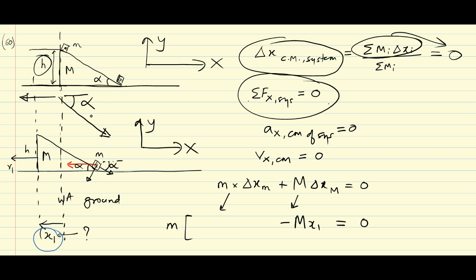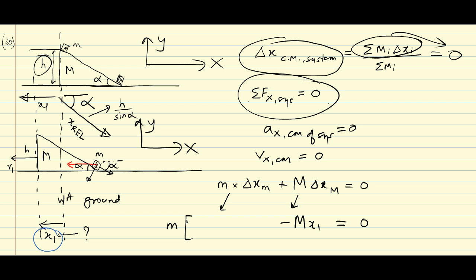The hypotenuse is going to be h divided by sine alpha. If you just solve this triangle, hypotenuse is h by sine alpha. So one of the displacements of the block small m is along the hypotenuse, and that's actually x relative. It's the relative displacement of small m, relative to capital M, and at the same time small m moves towards the left along with capital M, and that displacement is of course x1.